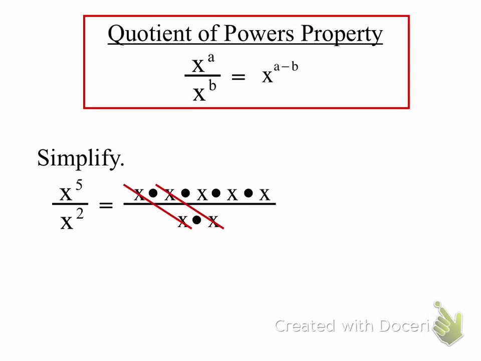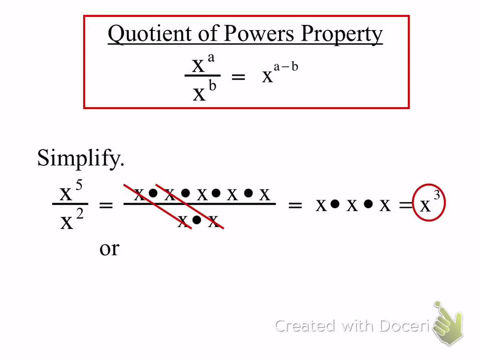Annabella? X times x times x, or x cubed. X cubed in the numerator over 1. When I cross cancel, I'm really left with that 1 in the denominator. Any number over itself equals 1. So we really make this x cubed.